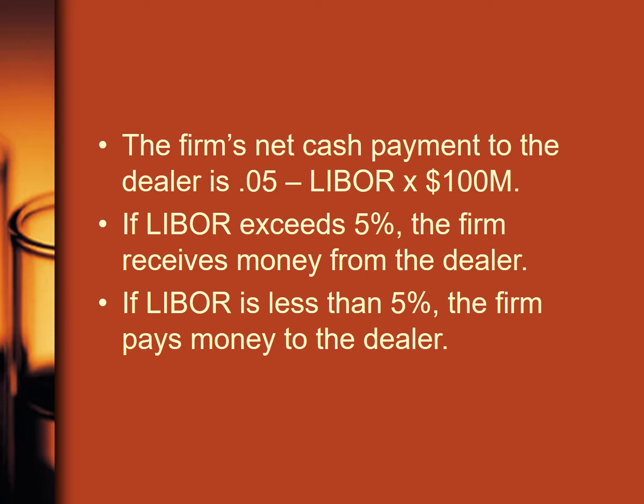And if the LIBOR rate fluctuates upwards or downwards, the firm is either receiving the difference between 5% and LIBOR, or the firm is paying the difference between 5% and the LIBOR rate.